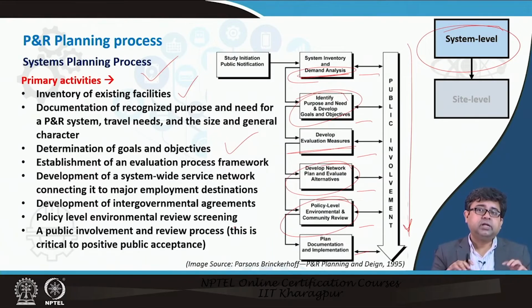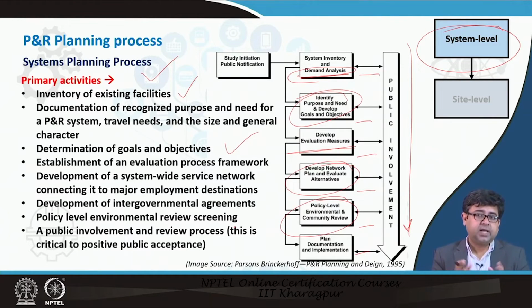Suddenly all these cold engines start up in the evening when people are returning from work, and now everybody wants to exit the park and ride lot and they have started up their engines. So that whole area becomes an environmental hotspot, and if there are a lot of residential buildings around it, people may object to it. So how do you plan environmentally for such situations?